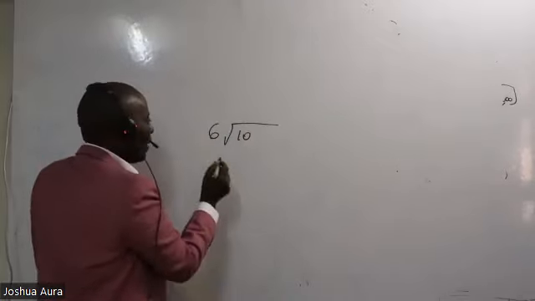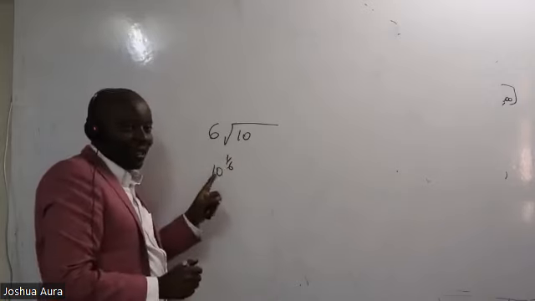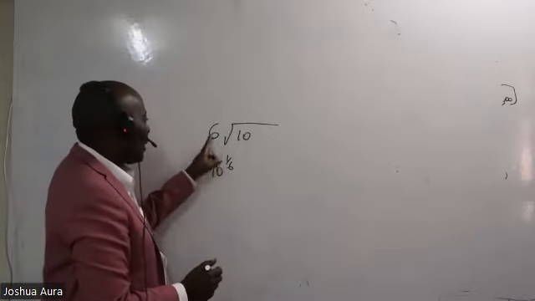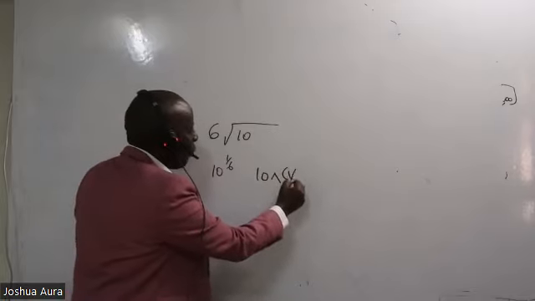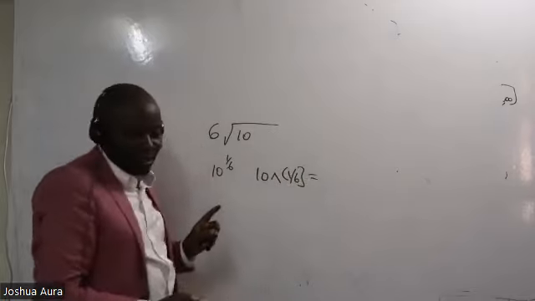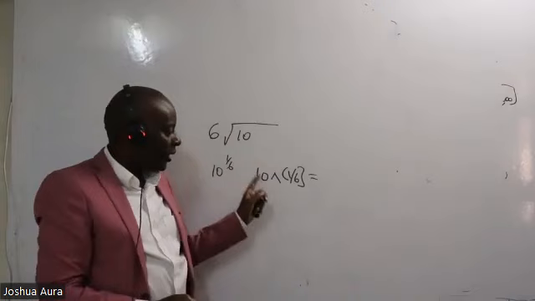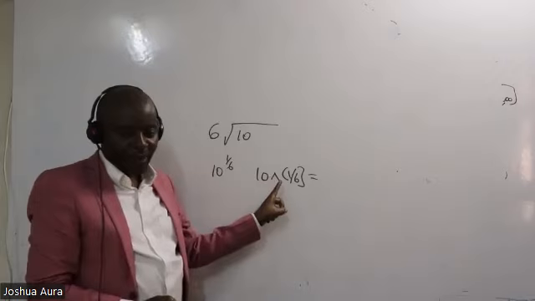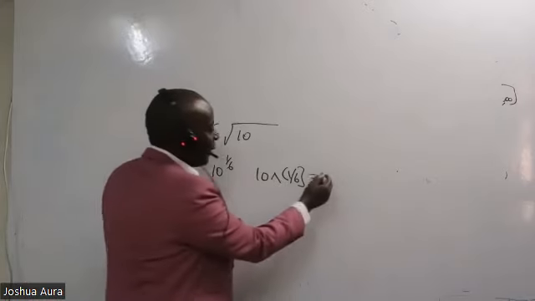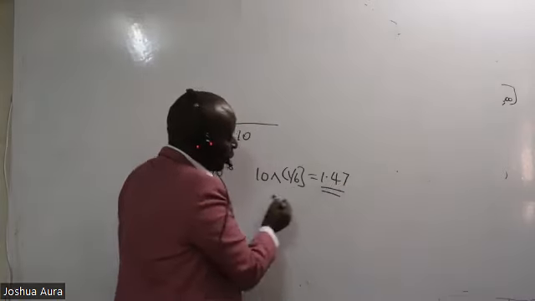If this method fails you, it is the same as saying 10 raised to power 1/6. So if this method fails you, type 10 raised to the power in brackets 1/6. What answer do you get? This method is very good, so long as you remember the bracket 1/6. It comes to 1.47.